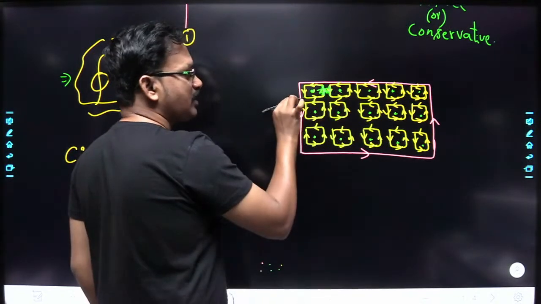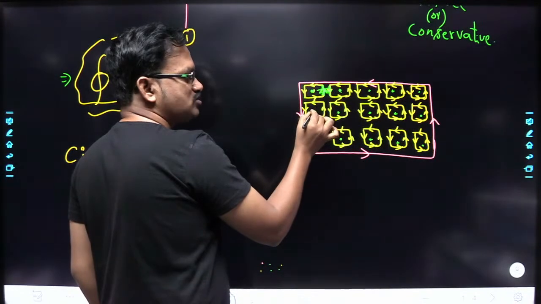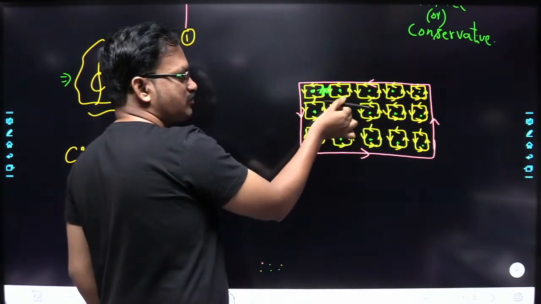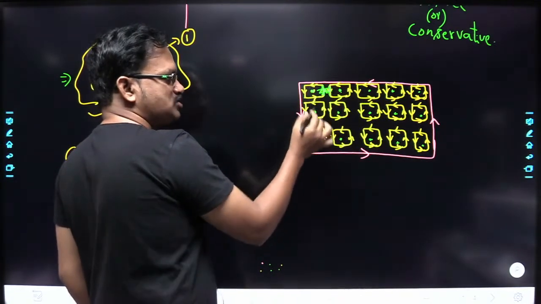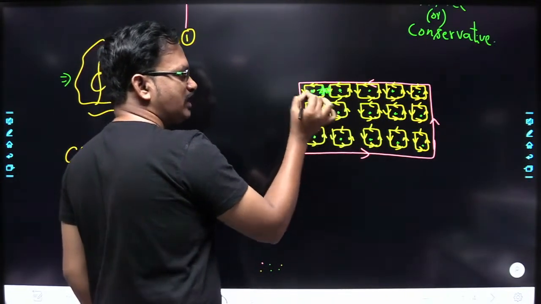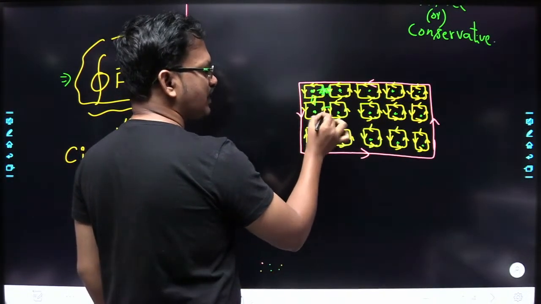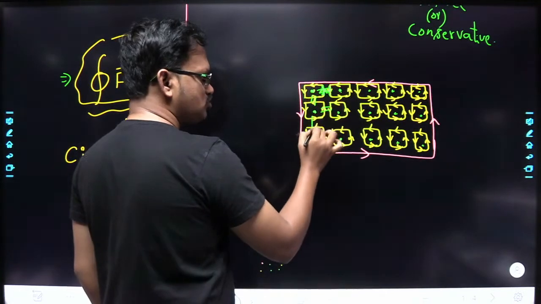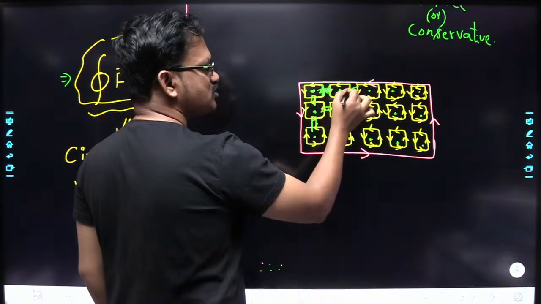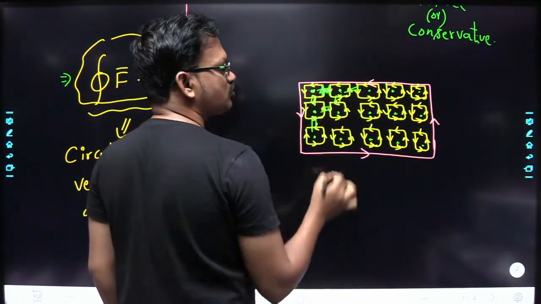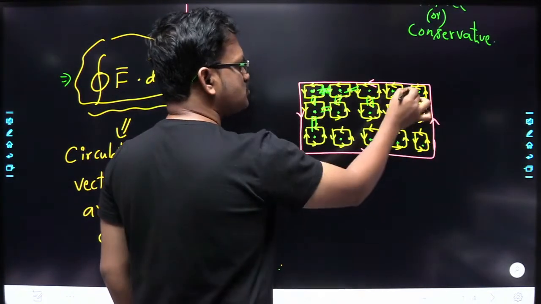And if you observe here, you are determining the circulation along this line, and with respect to this source the circulation of the field is pointing along this direction. So whenever you add these up, they cancel. Similarly, these two cancel, these two cancel, and so on.